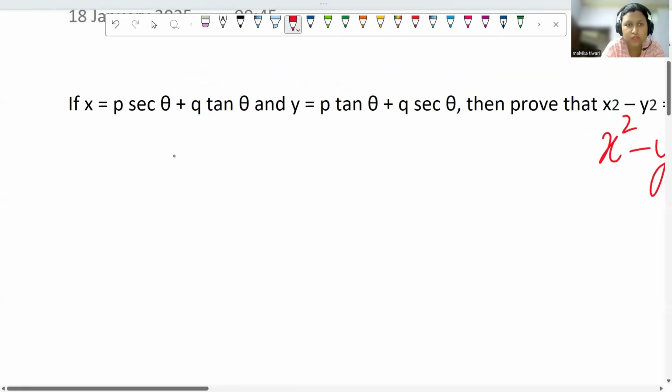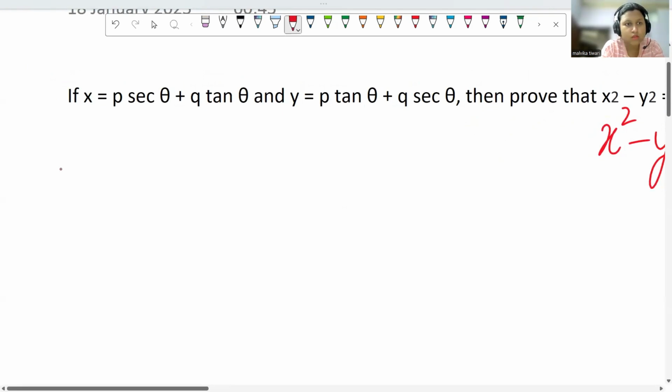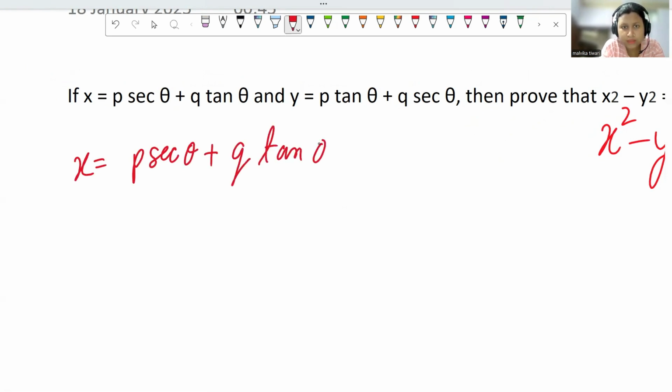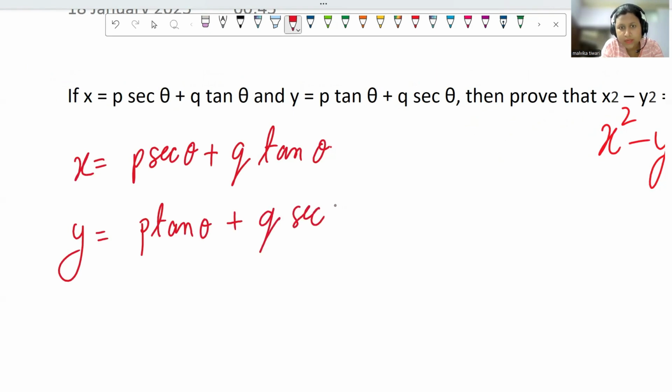What is given to us? So, x is p sec theta plus q tan theta, and y is p tan theta plus q sec theta.